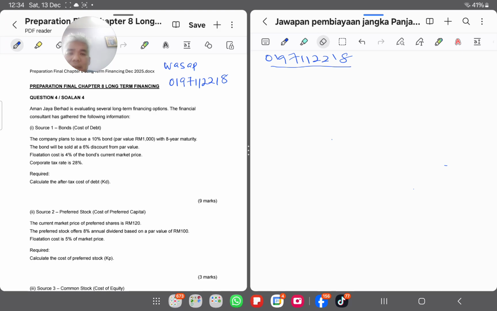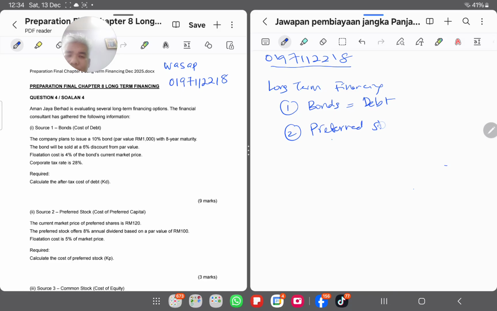Before I proceed to the questions, long-term financing can be divided into three. First is bonds or debt. Second is preferred stock. And third is equity, common stock.